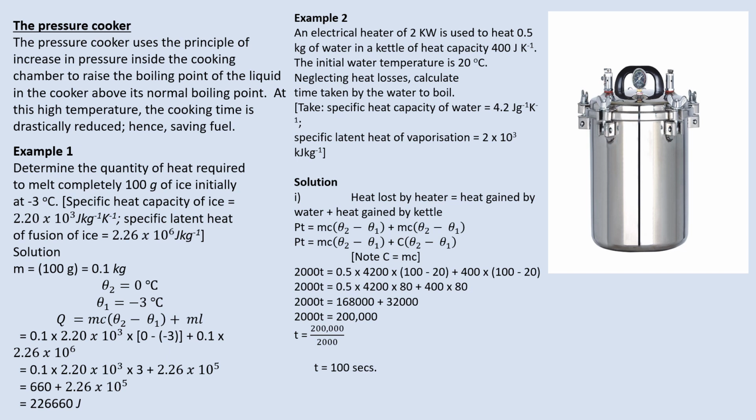By the time we substitute all the values given in the question, 2 kilowatts is the same thing as 2000 watts when converted. Then substitute other values into the formula. Then the time taken will be 100 seconds.